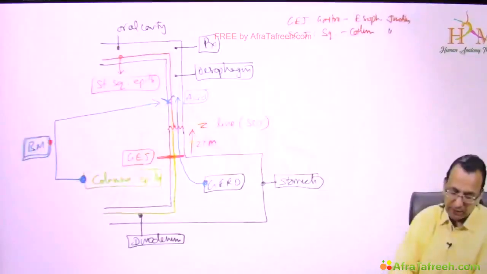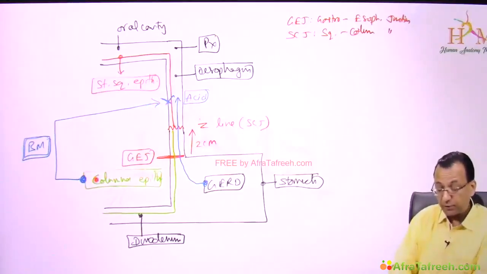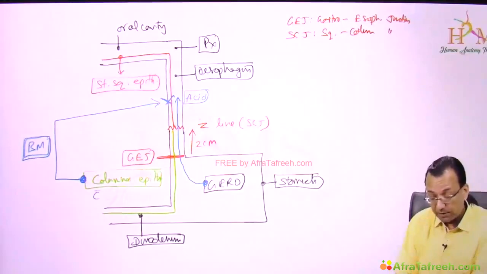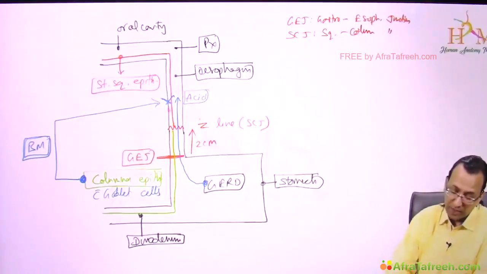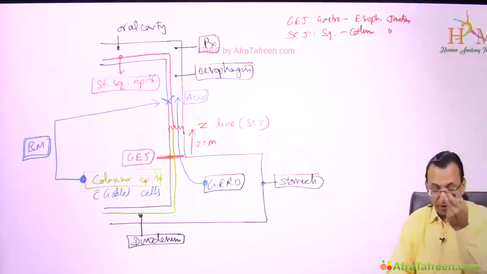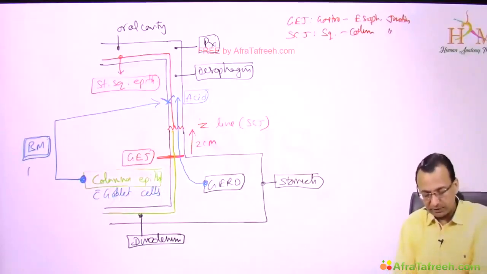In Barrett's metaplasia, when you take the biopsy, what you find is the squamous epithelium is replaced by columnar, and in the biopsy you also find goblet cells. Since you found columnar epithelium with goblet cells, you were calling it intestinal metaplasia.